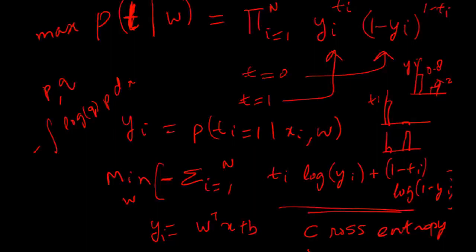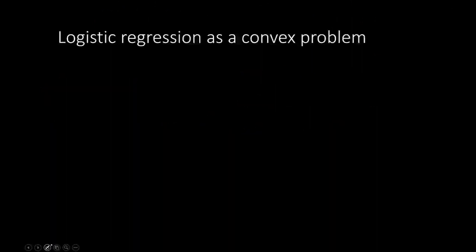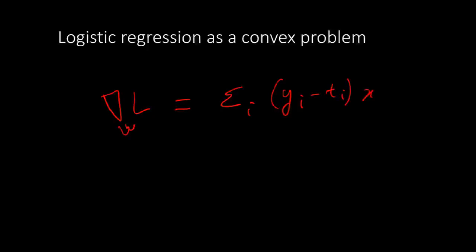Once we take its derivative, we get a very simple expression. The derivative of the loss with respect to w is something as simple as the sum over i of (y_i minus t_i) times x_i.